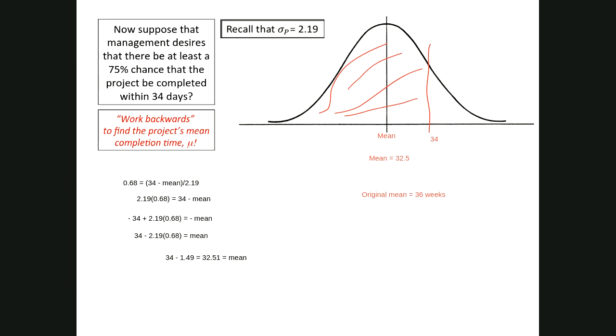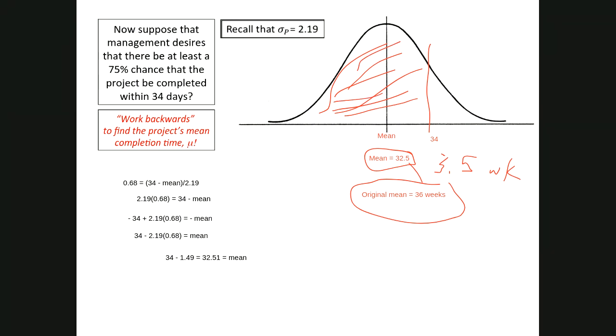And so now we know we have to crash. We would have to crash this network by 3.5 weeks in order to meet that standard. And that's now where we would go back with our crashing process and crash in order to meet that.